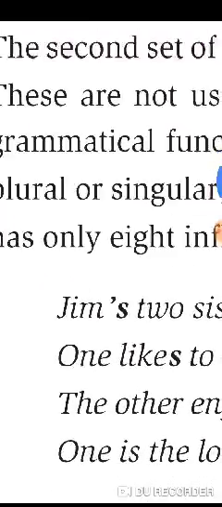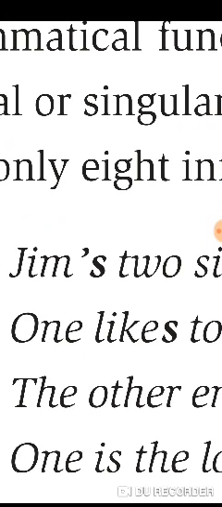Number two is Jin's. When we add apostrophe s to Jin to change it to Jin's, there is no new meaning here. There is no change in the grammatical function of the word. Jin is a noun, and it continues to be a noun.